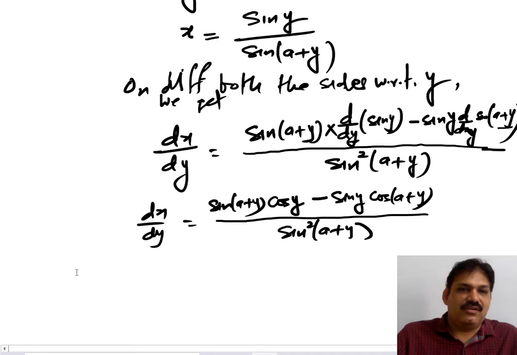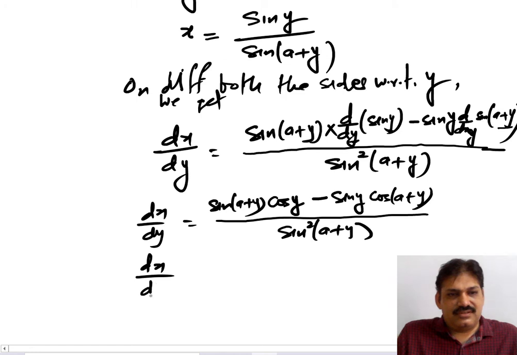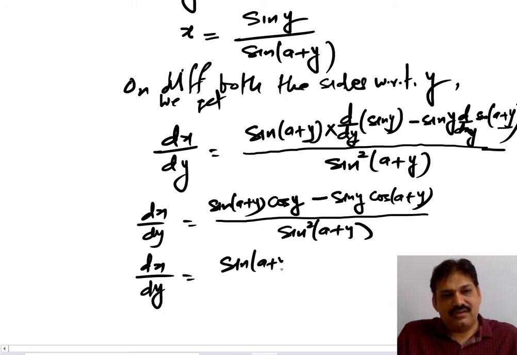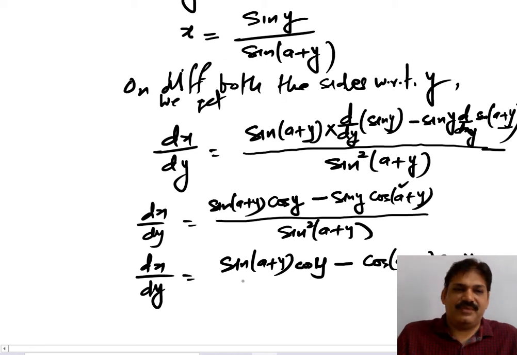So now the numerator can be seen as a standard formula. I am writing this term first: sin a cos b minus cos a sin b. I hope you remember the formula.